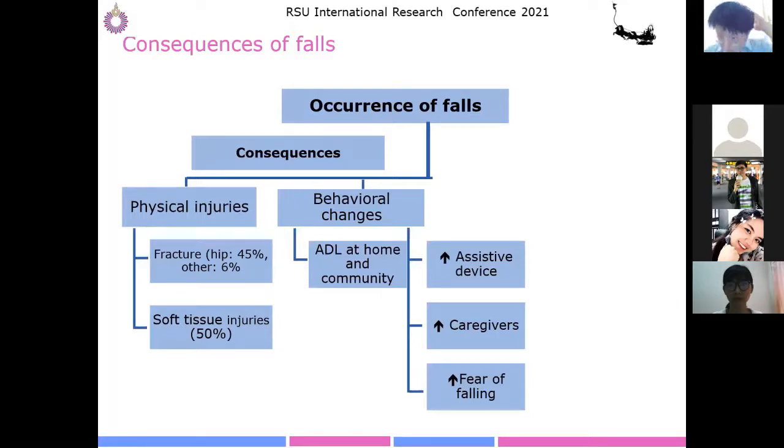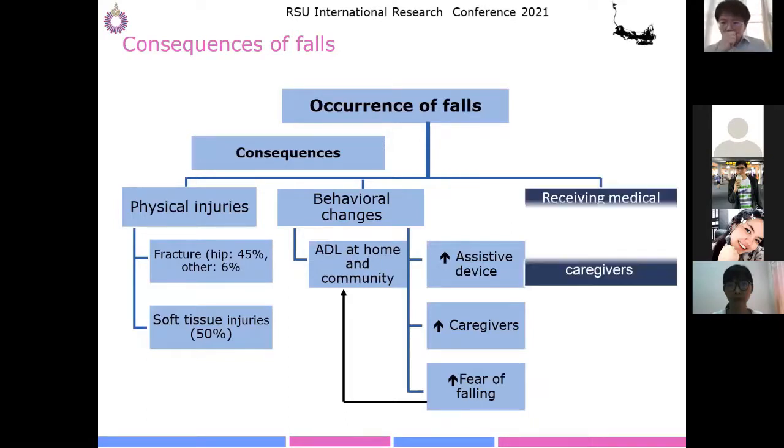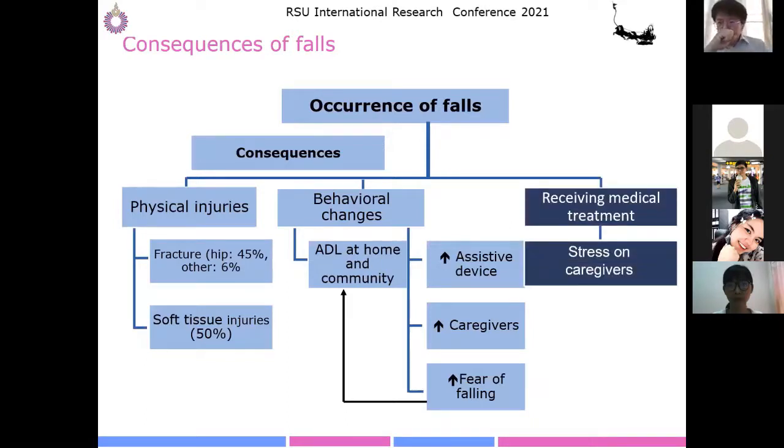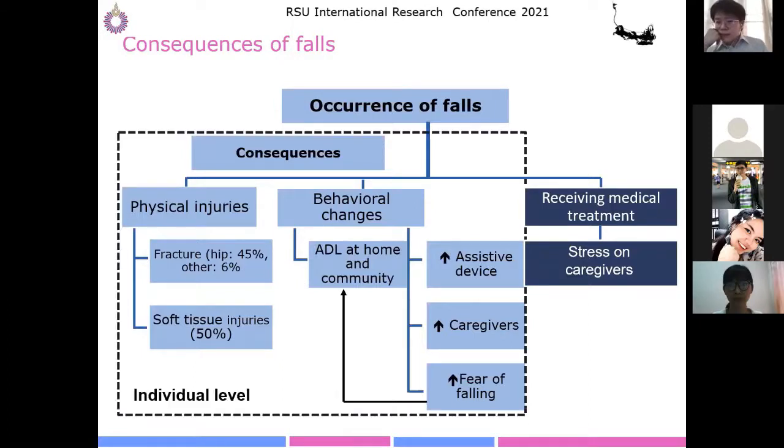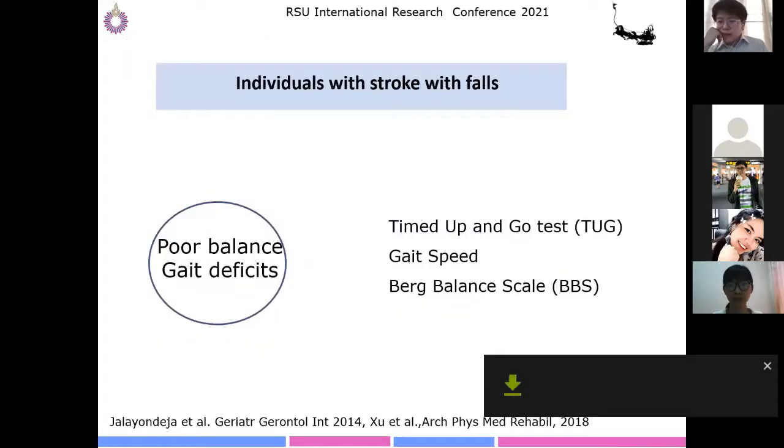After a fall, the individual will develop fear of falling, which further increases the adverse effect on ADL. In addition, falls following first stroke were a major reason for receiving medical treatment, which caused economic issues and stress on caregivers.